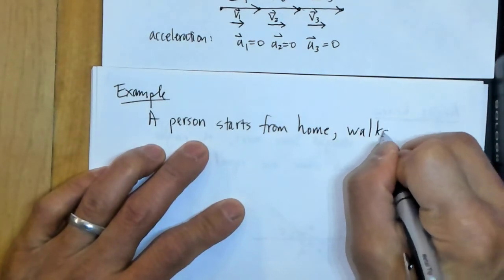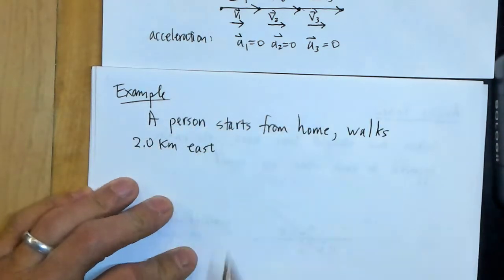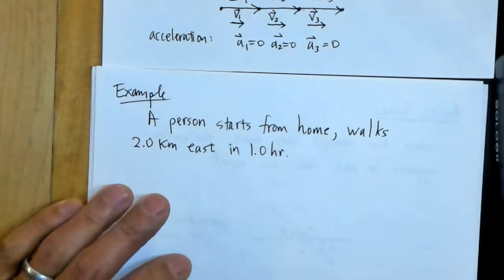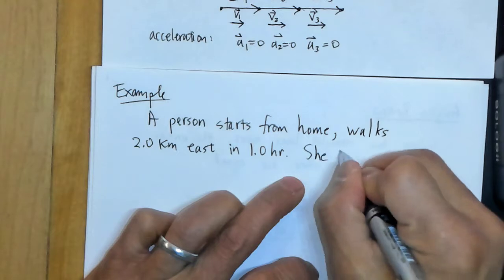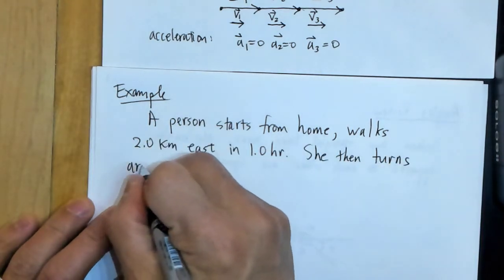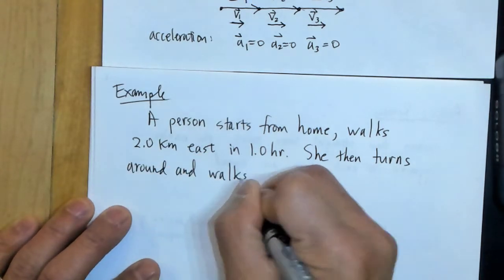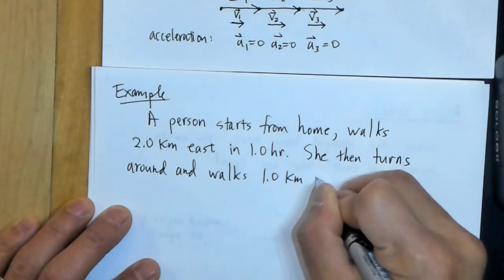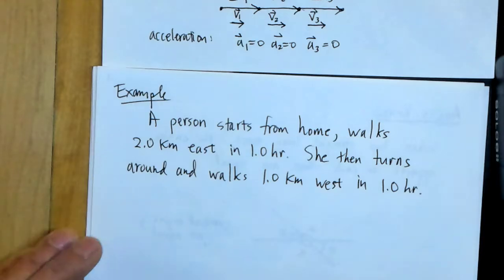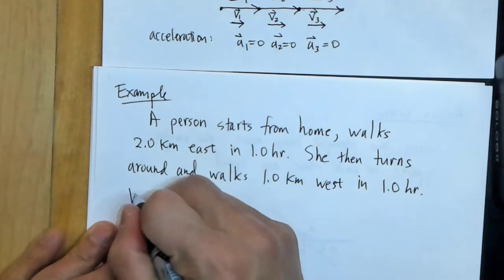Walks 2.0 kilometers east in 1 hour. She then turns around and walks 1.0 kilometers west in 1 hour. What is her average velocity?